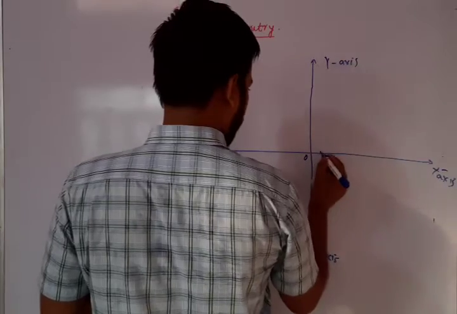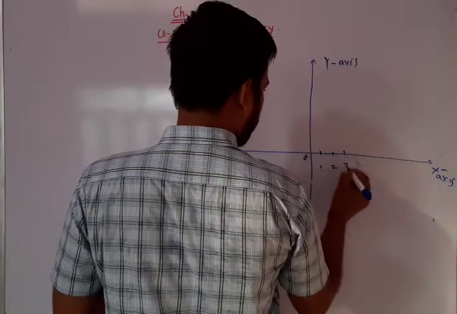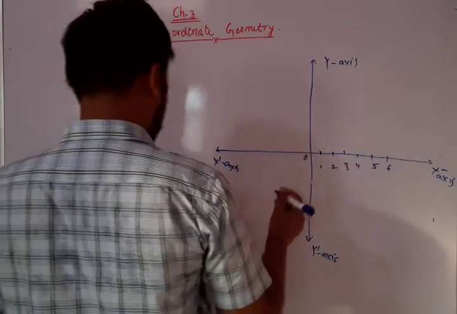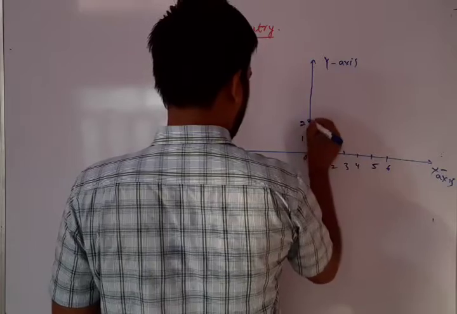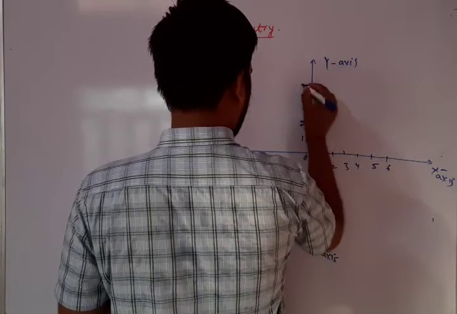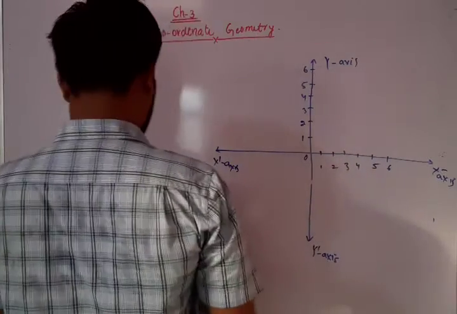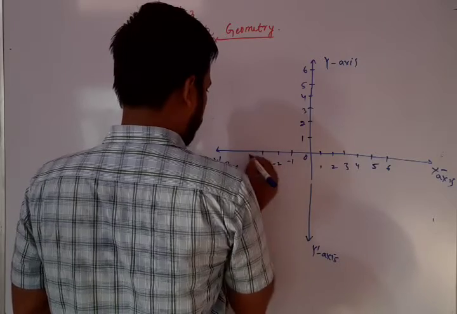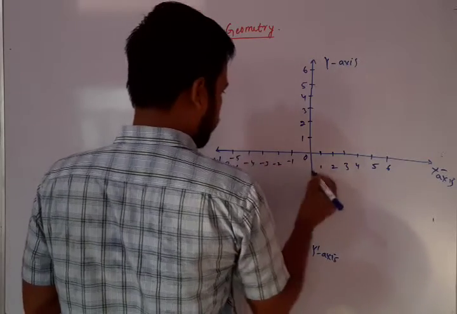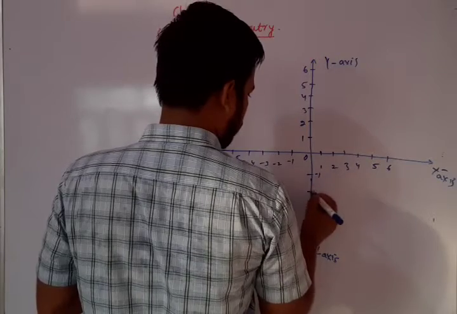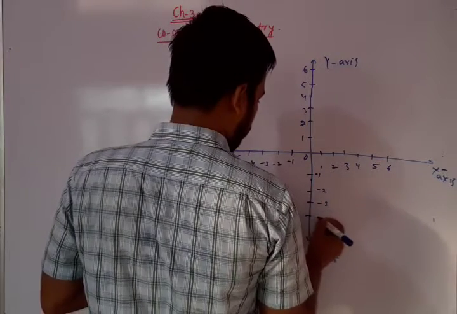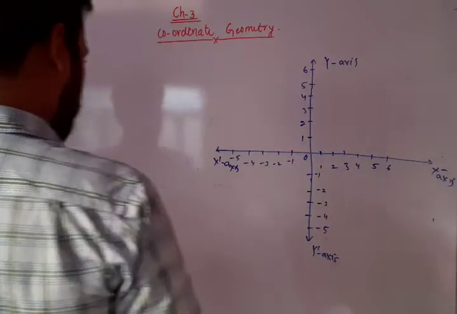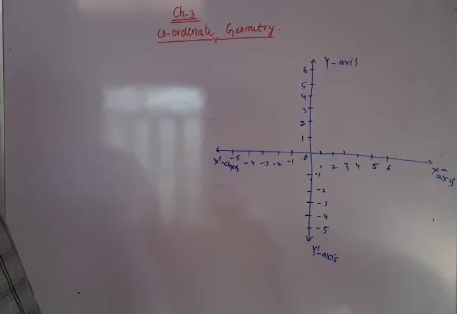This is 0, 1, 2, 3, 4, 5, 6. 1, 2, 3, 4, 5, 6. Minus 1, minus 2, minus 3, minus 4, minus 5, and minus 1, minus 2, minus 3, minus 4, minus 5.